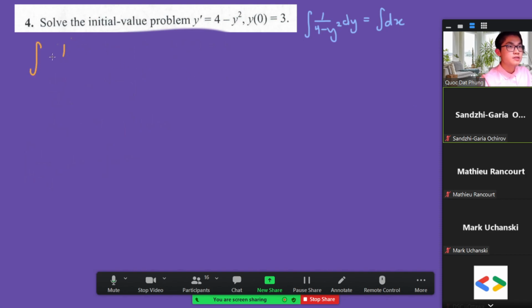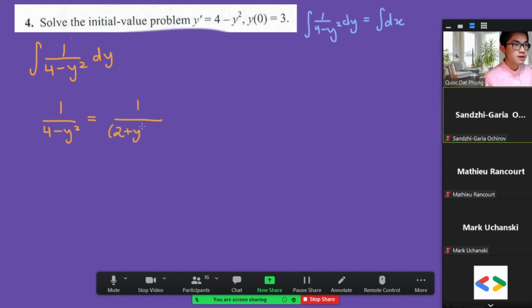Let's solve for this. Now, using partial fractions, this is the same as 1 over (2 plus y)(2 minus y). And this is the same as a over 2 plus y plus b over 2 minus y.